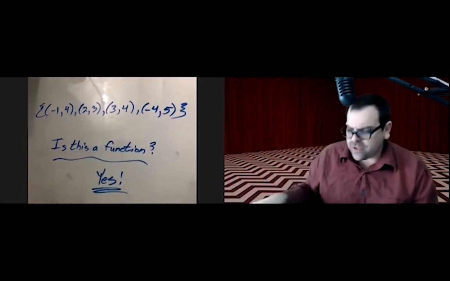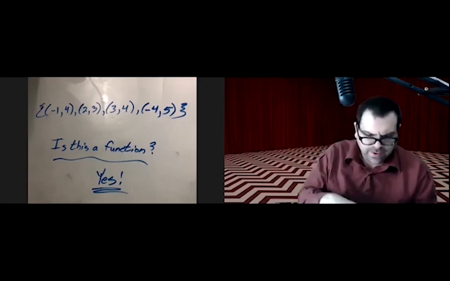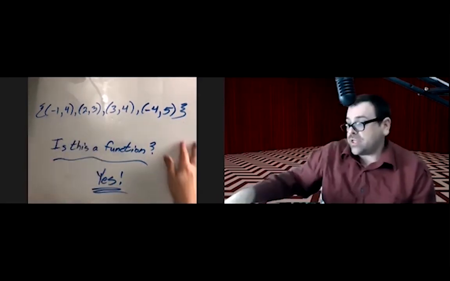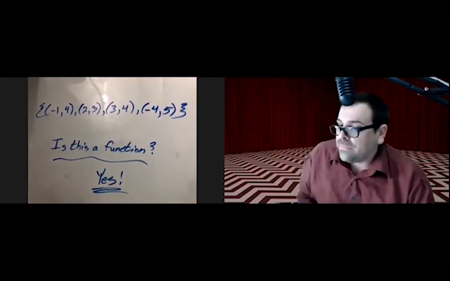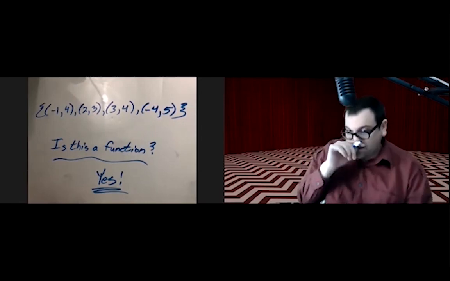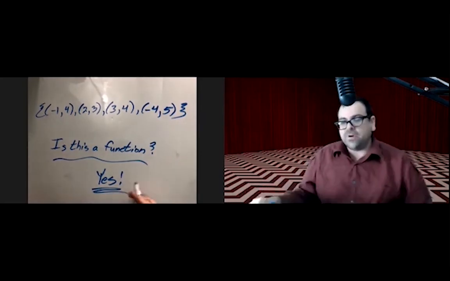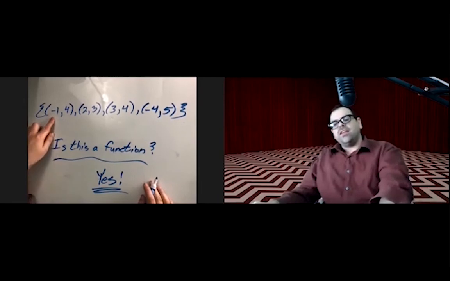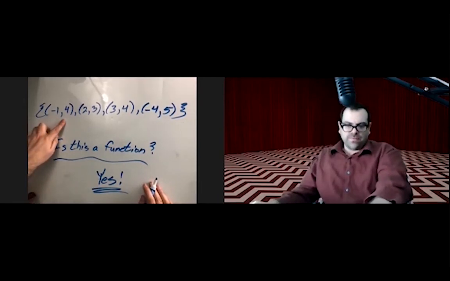So why is a function special? What makes it different from a relation? Well, it's still a relation, but it's a special type of relation that's called a function. And the thing that makes it special is that since there are no repeated inputs, an input of -1 will always go to 4.